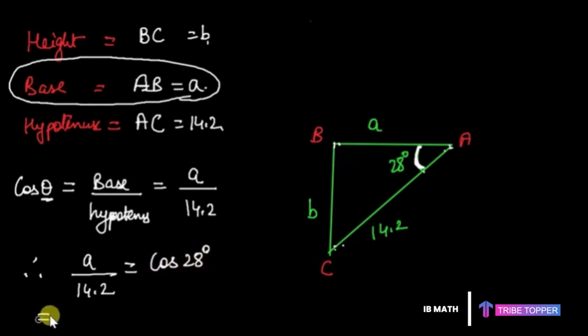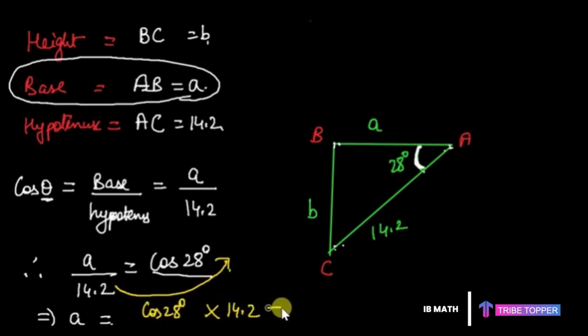So what will be A? To find A, we have cos of 28, and just take this 14.2 up and multiply. So cos 28 degrees multiplied by 14.2. First, from your calculator, check the value of cos 28.